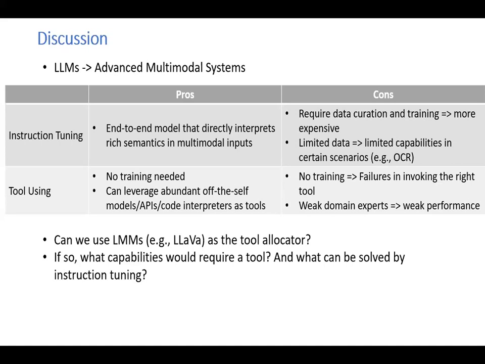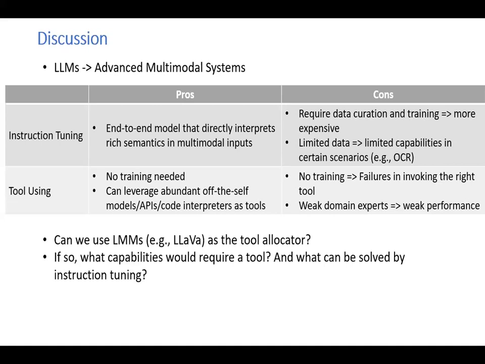On the other hand, for tool using, there's no training needed. We can leverage off-the-shelf abundant models, APIs, or code interpreters as tools. However, as it doesn't require training, we see failures in invoking the right tool within the system. And also, if we train a large language model with weak domain experts, we see weak performance.